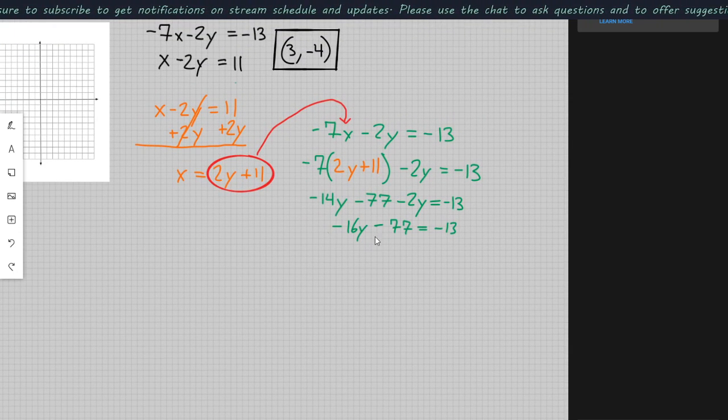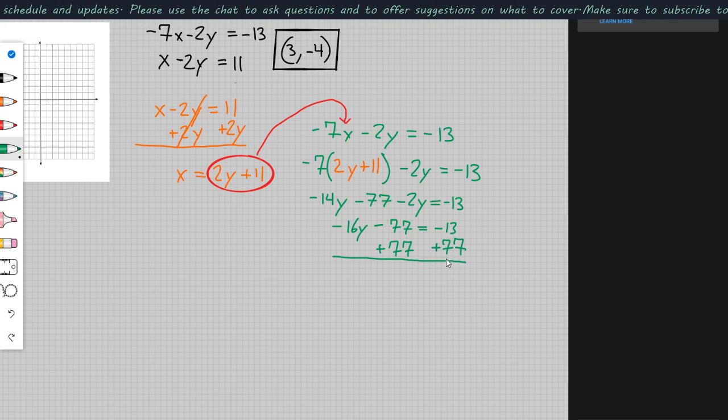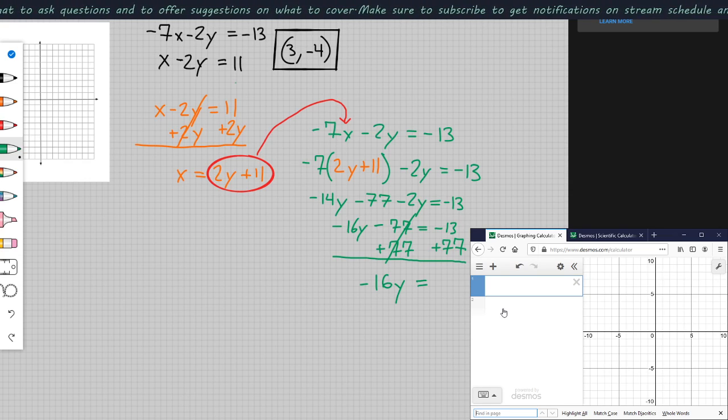So at this point, I'm going to add the 77 over. Negative 16y equals... if you need to use your calculator, do that real quick.